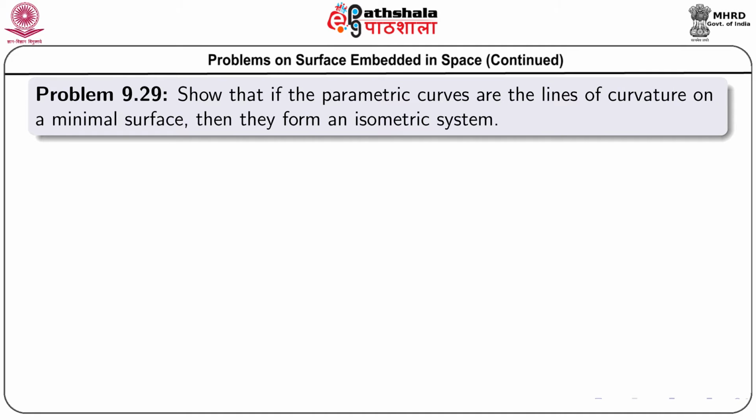Now, in the next problem, we shall see that if the parametric curves, or the coordinate curves, are the lines of curvature on a minimal surface, that is, if the surface is a minimal surface, that means the mean curvature is 0 there, then they form an isometric system.